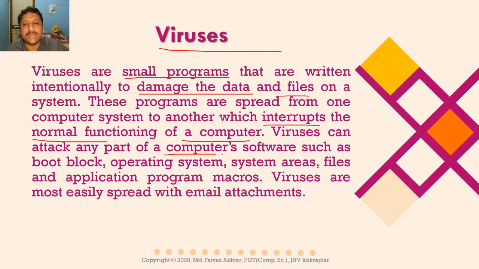It can attack software and the software stops working, such as the boot block. Boot block means a computer hard disk or memory has a boot sector. If that is affected, then the whole software, even the operating system, gets corrupted.